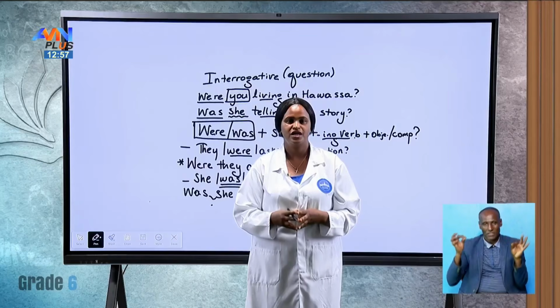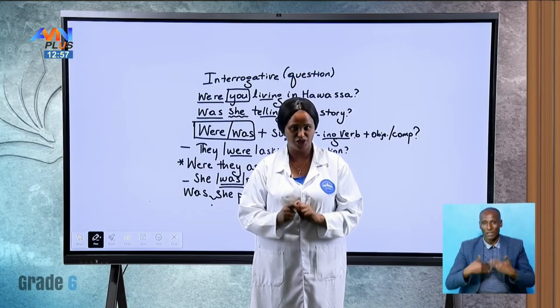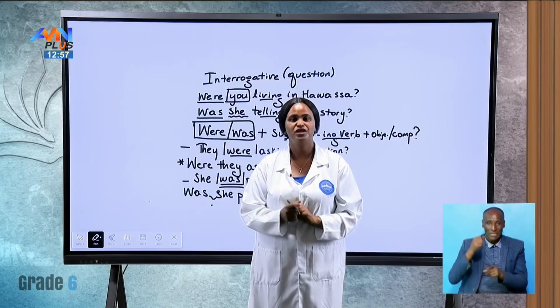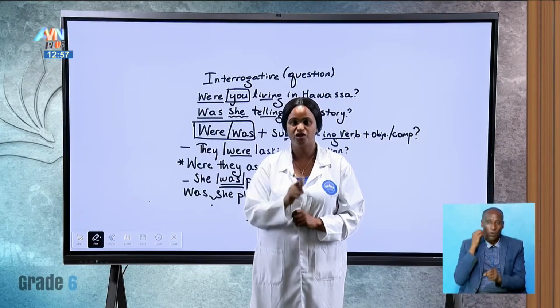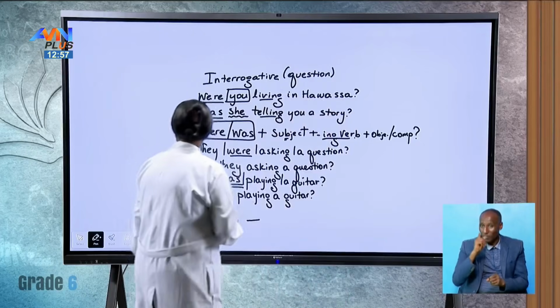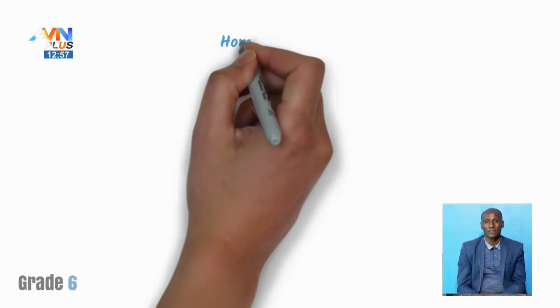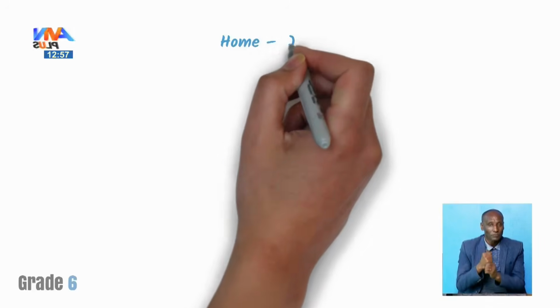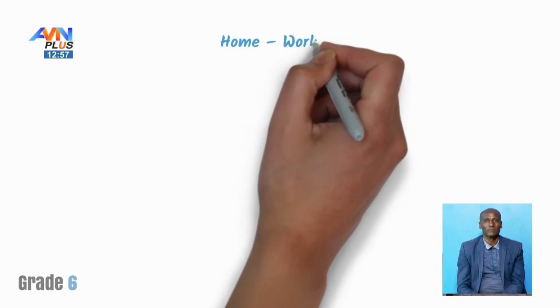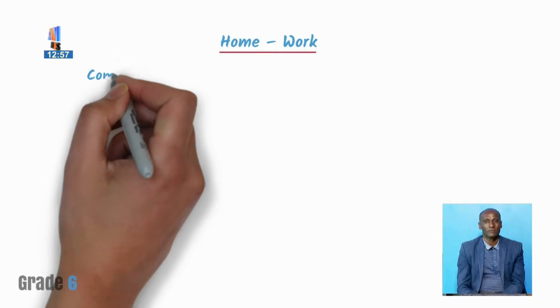Very good. Now, I will give you a short 3 exercises as a homework. Next time when you come, you will come with your answers. Don't forget to do your homeworks. Okay? Good. Okay?